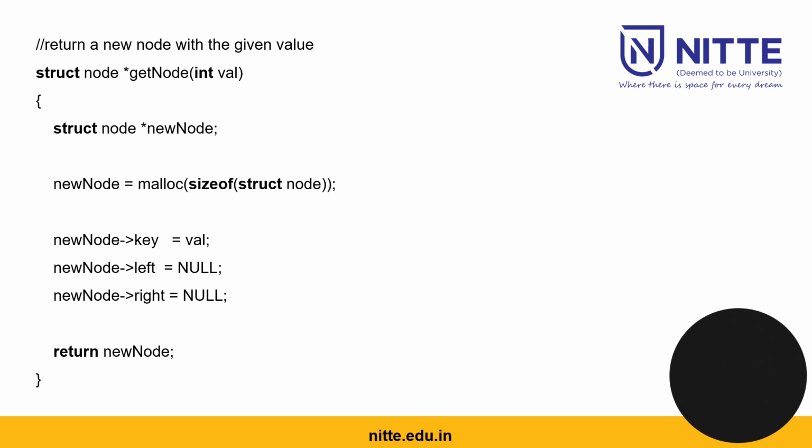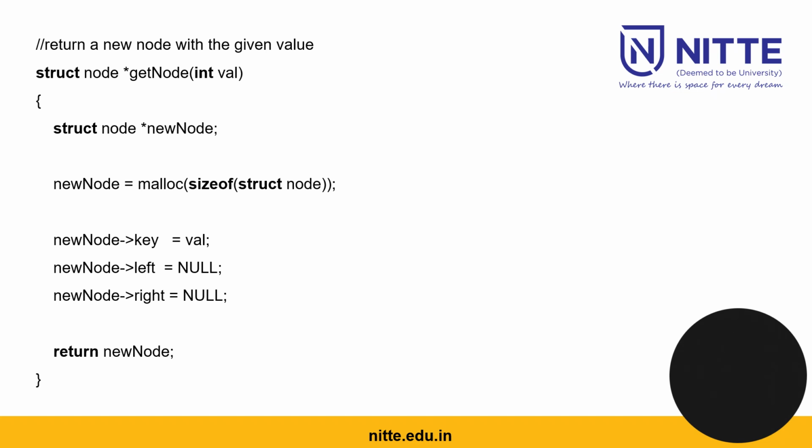Then we will return a new node with the given value. Whatever new node is there will be returned by a function called getNode, with the value of that node. For that I will write struct node *newNode. Again for the new node, we have to create another node of type struct node.